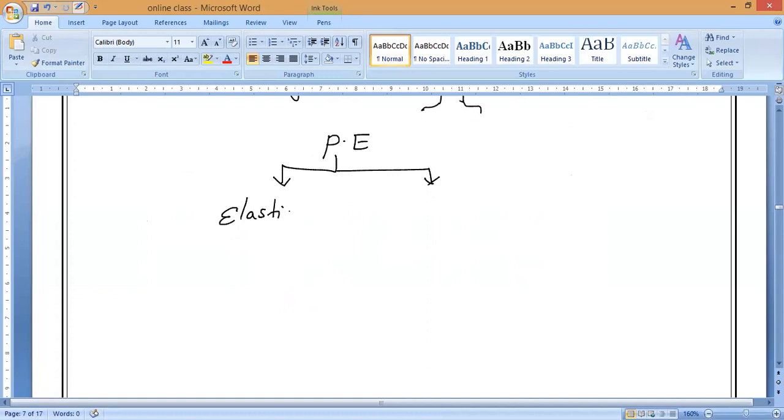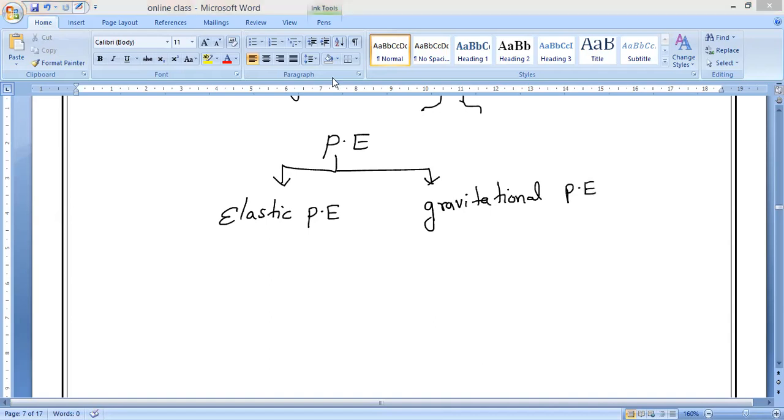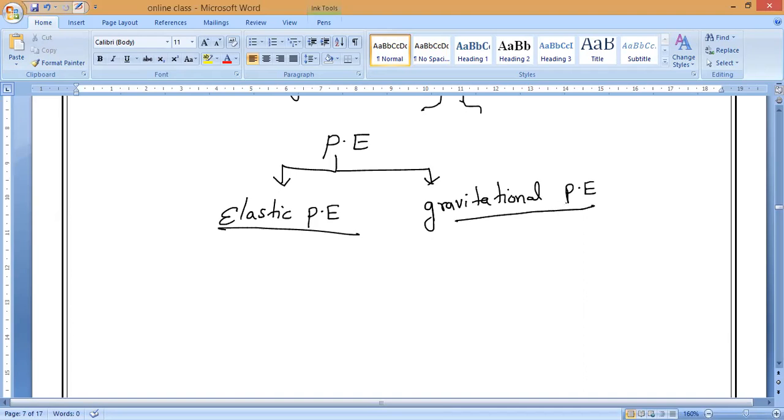So potential energy will be of two types. What is that? Elastic potential energy, and the next one is what, guys? Gravitational potential energy. Everybody clear? Yes, that is what I say. So very important. One is elastic potential energy, another one is gravitational potential energy.